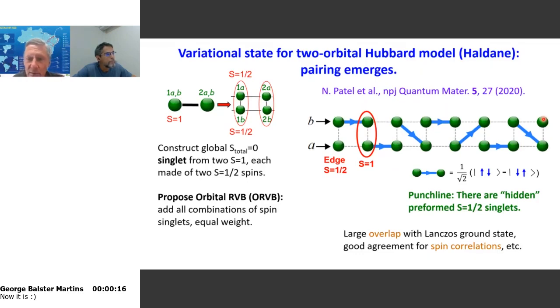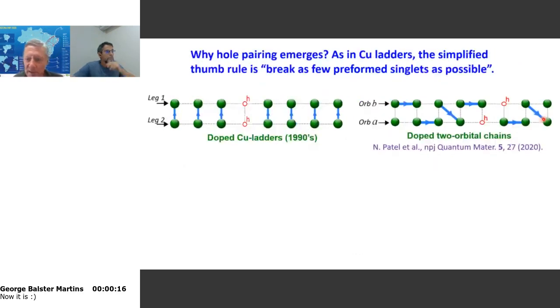So from here, in the last page, I promise this is the last page, then goes the notion that superconductivity could be possible, and indeed numerically this is what we found. And the story links the copper ladders of the 90s, where I was very much involved in, and the new way of looking at the Haldane system.